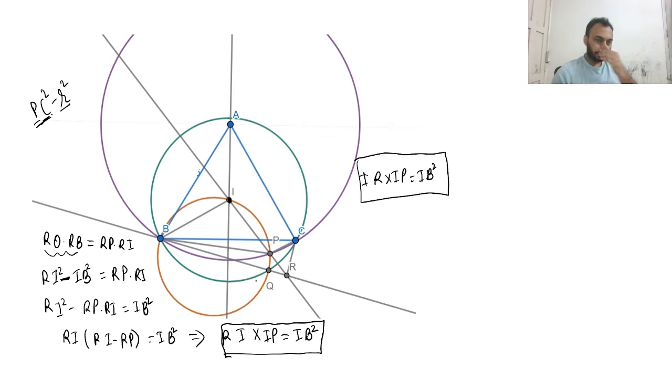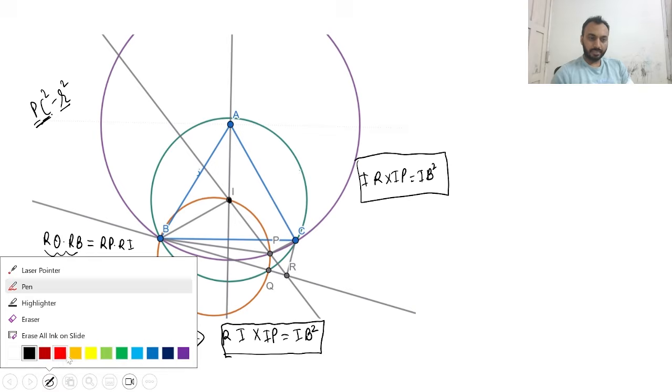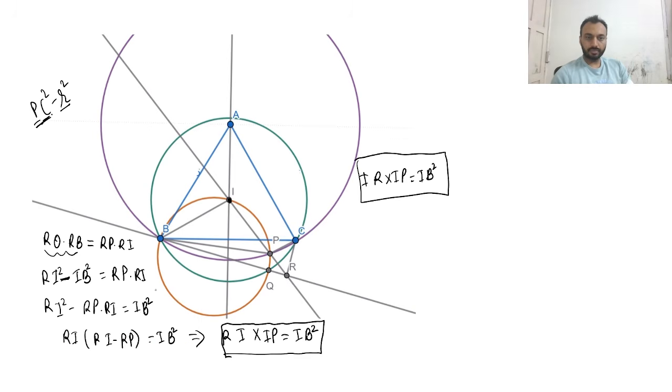Now from this relation, can we draw a circle which passes through B, P, R? If we draw a circle passing through B, P, R, then from IR into IP is equal to IB square, can I say IB is the tangent of that circle? For the circle which passes through BPR, IB square is IP into IR, so IB is a tangent of this circle, right?